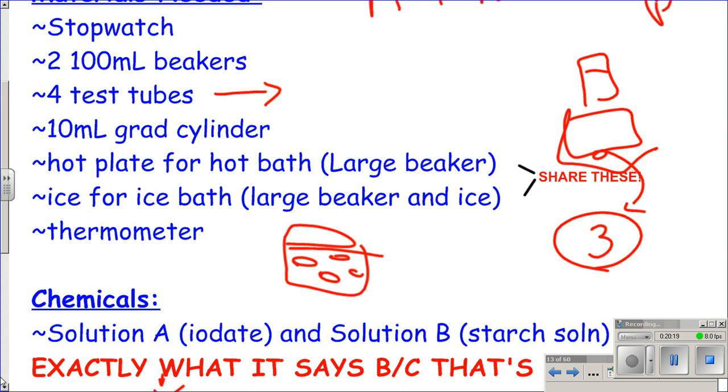No, there's two different activities. This is an activity, the first activity changing.